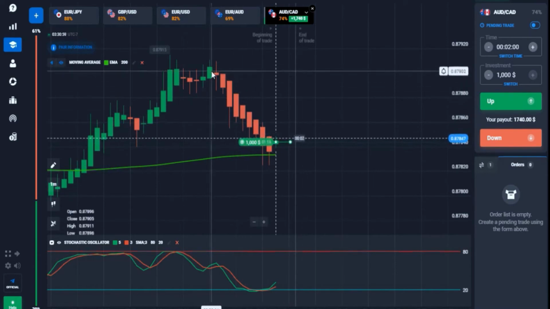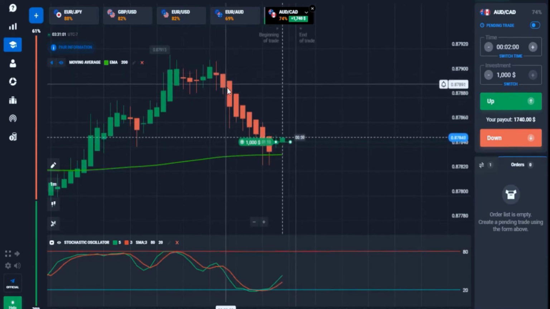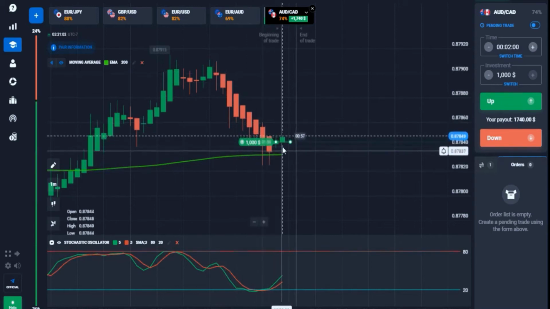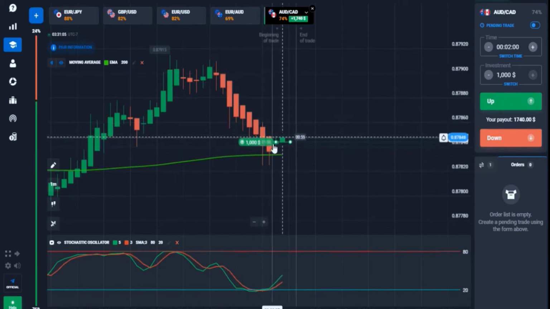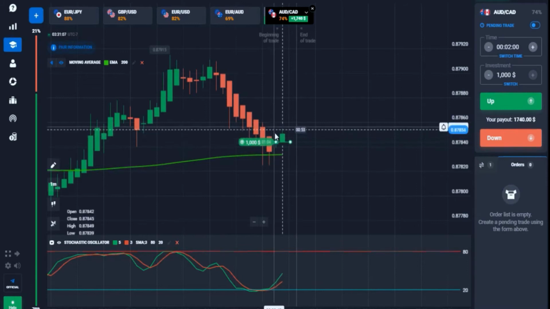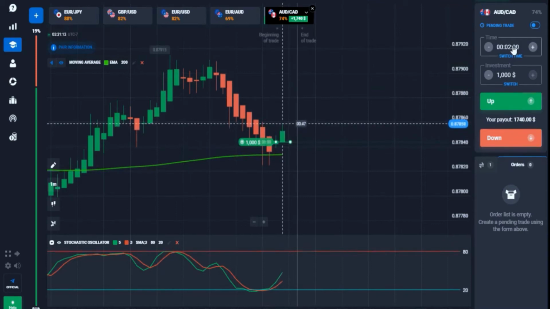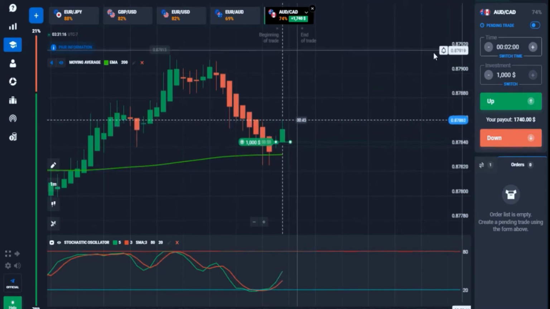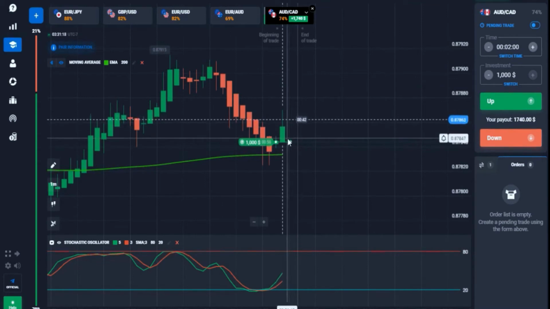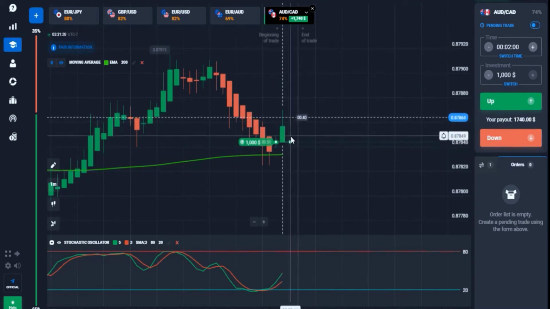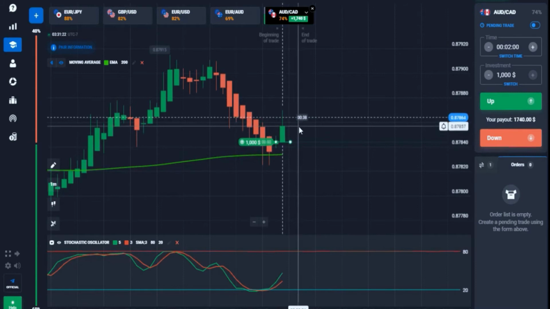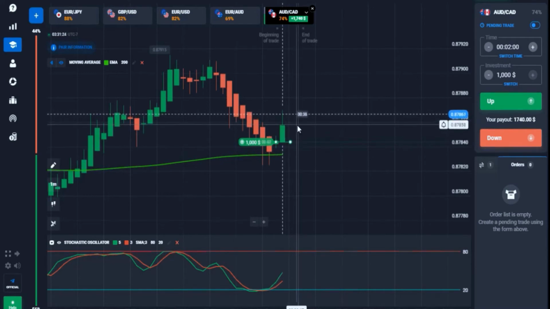As you can see over here, the seller has been taking over the market, and over here we see that the candle actually enters a trade. We see that the buyer has actually taken over at this point. So when something like that happens, you need to give it enough time, like maybe 2 minutes or even 3 minutes sometimes, for it to actually go up the trend, right? So that the buyer can actually strongly take over the market before you are out of the trade.